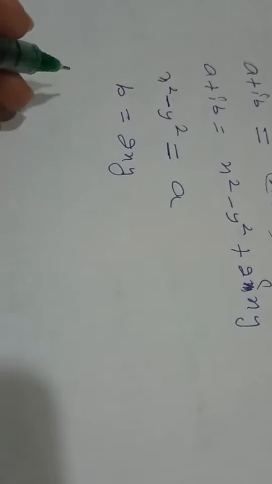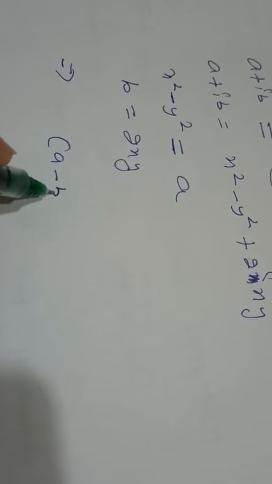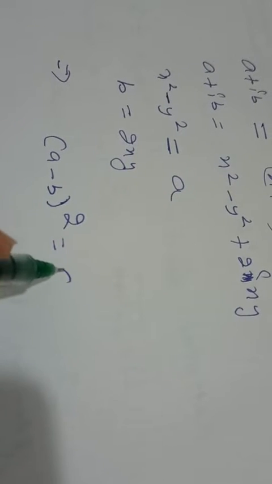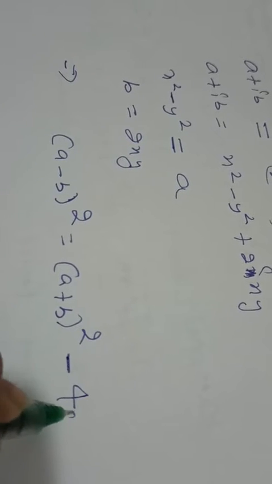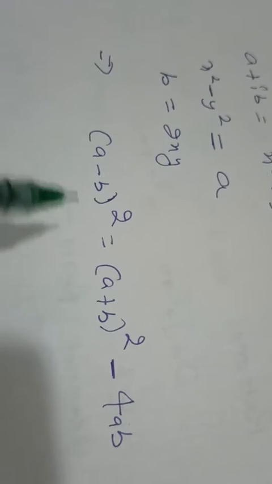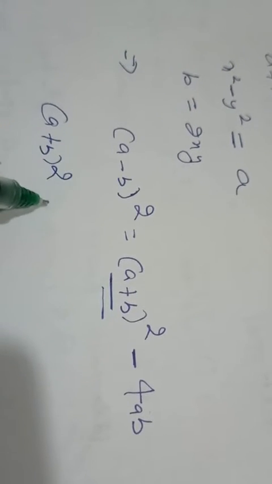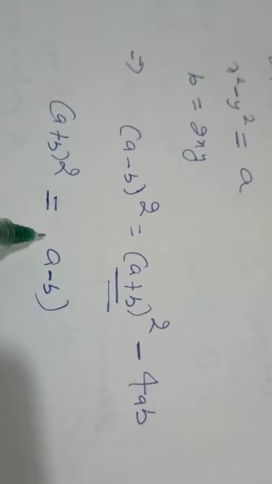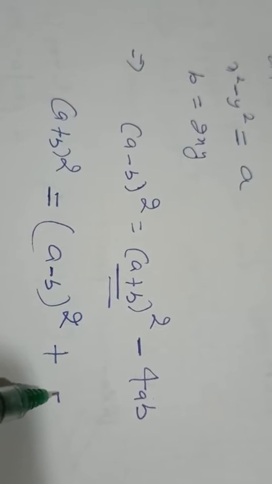See how. Last year we learned a formula that a minus b whole square is equal to a plus b whole square minus 4ab. So if I have to find this, let's do a plus b whole square is equal to a minus b whole square plus 4ab.